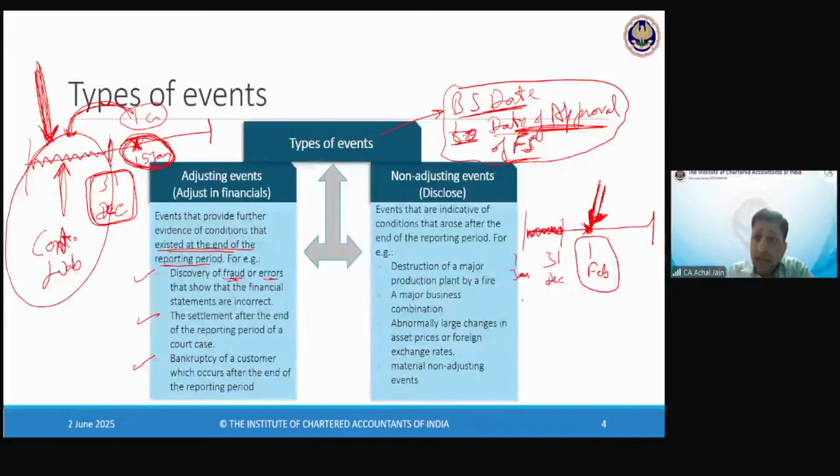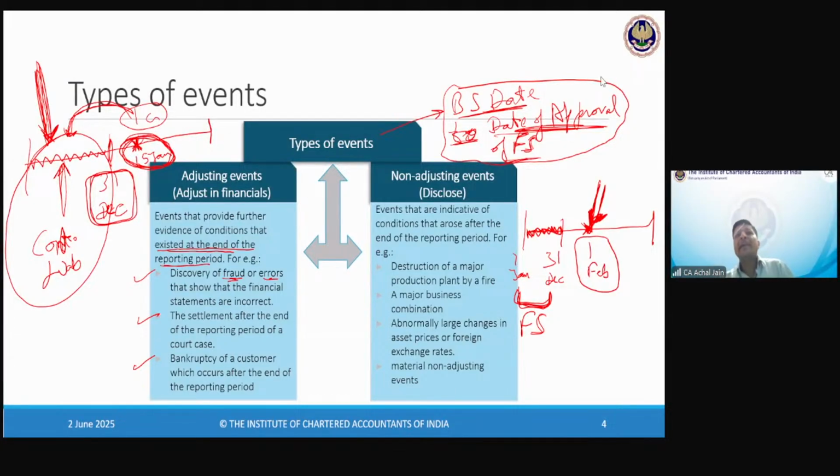But in the financial statements that you prepare for the reporting year, a disclosure for this event will have to be given. The company will disclose that subsequent to the balance sheet date, before the financial statements were authorized for issue, a fire took place at one of the plants which got destroyed, amounting to so and so.